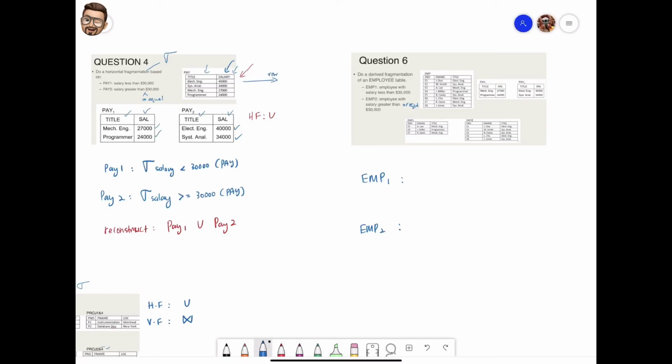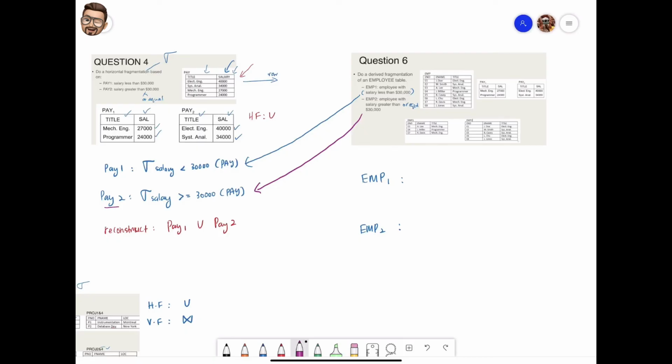Just now we have done the pay horizontal fragmentation. Salary less than 30k is pay 1, and salary greater than or equal to 30k is pay 2 over here. So what can we do?